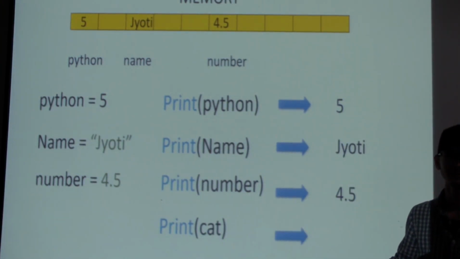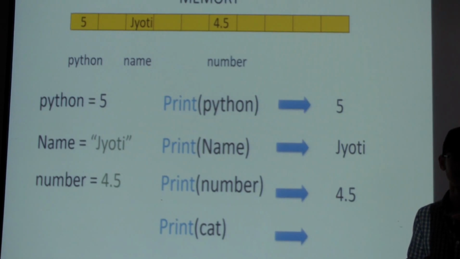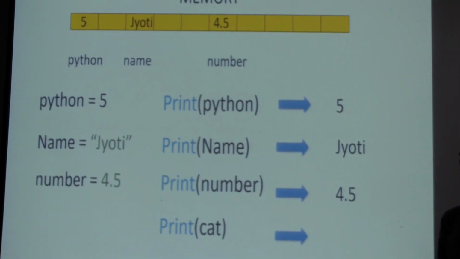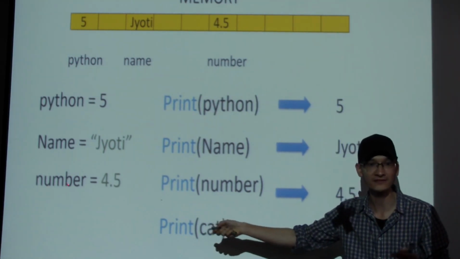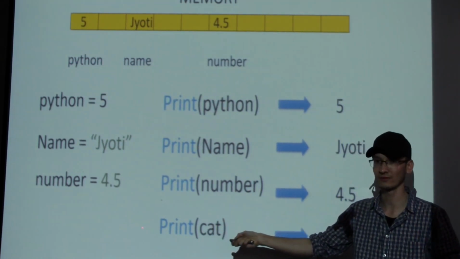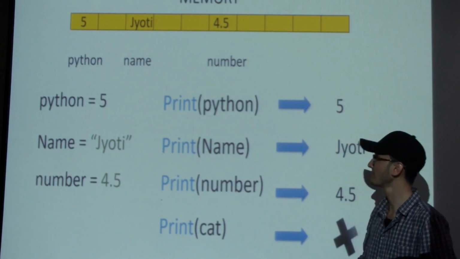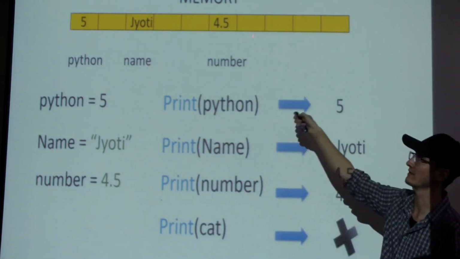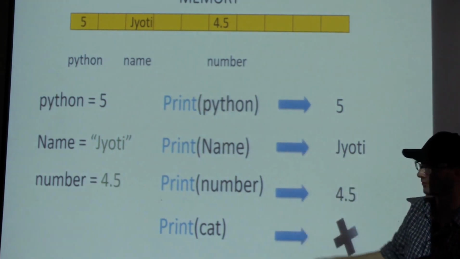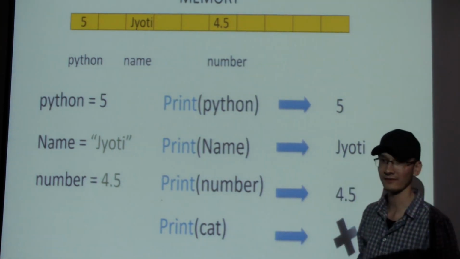Maybe an error. Yes, because we have to create the variable before printing. Now we don't have a cat variable here. We didn't create a cat variable yet. There is no such variable in the memory, so error or nothing.